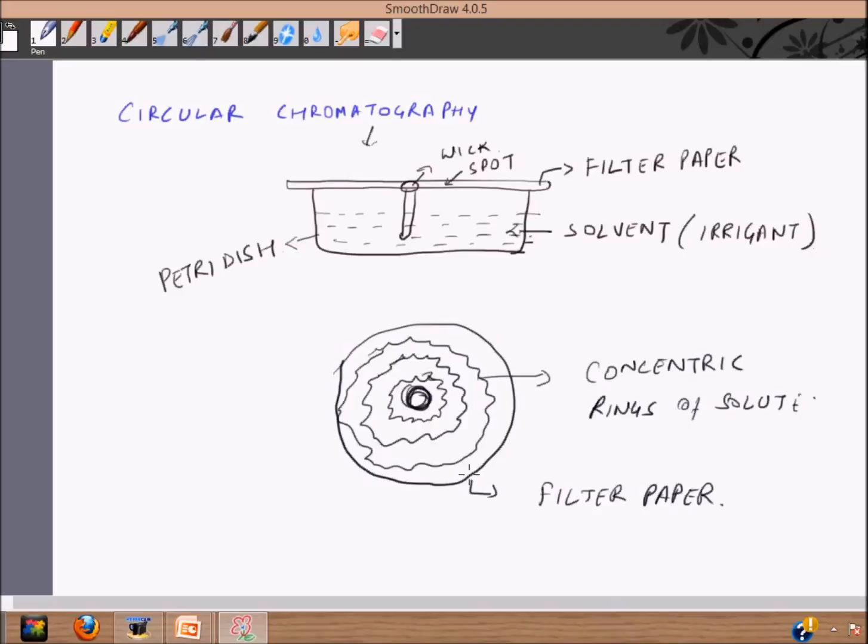We also have one more chromatography. We call it ascending paper chromatography. For this type of chromatography, we need a rectangular sheet of filter paper. Let's understand now the second one, ascending chromatography.